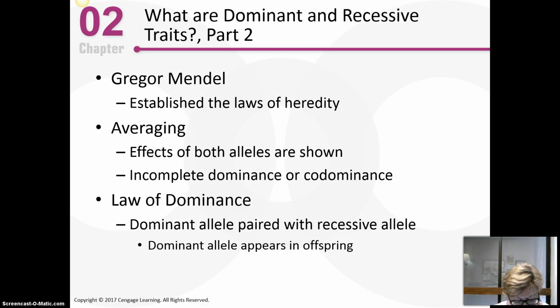Averages are where the effects of both alleles are shown, in incomplete dominance or codominance. Now, the law of dominance is that when a dominant allele is paired with a recessive allele, the dominant allele appears in the offspring. So, eye color is a really good example, and I'll show you that in this next example.